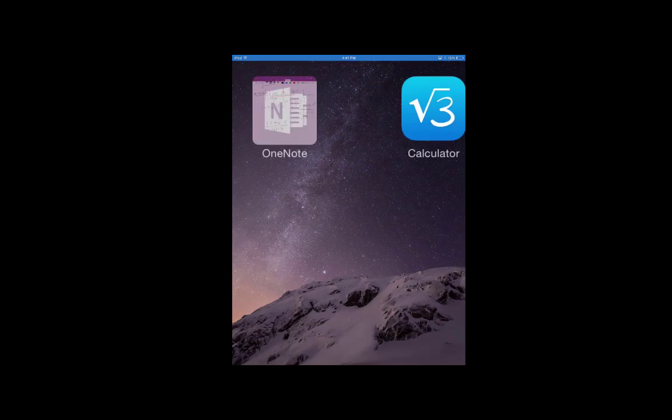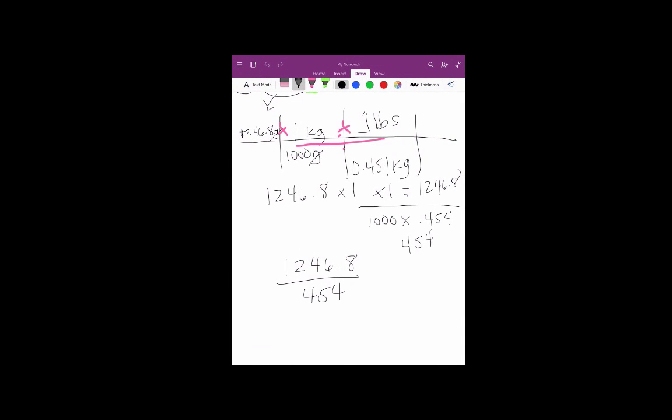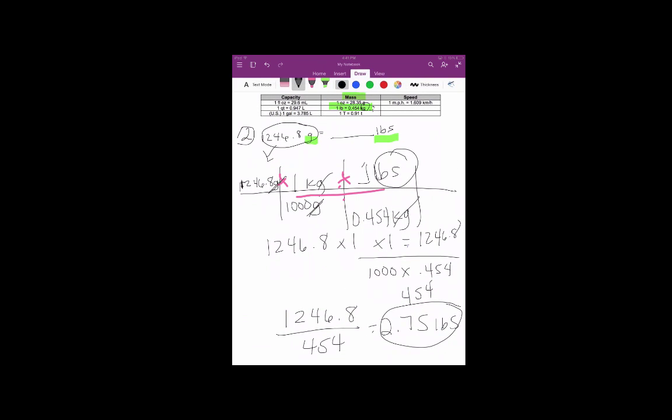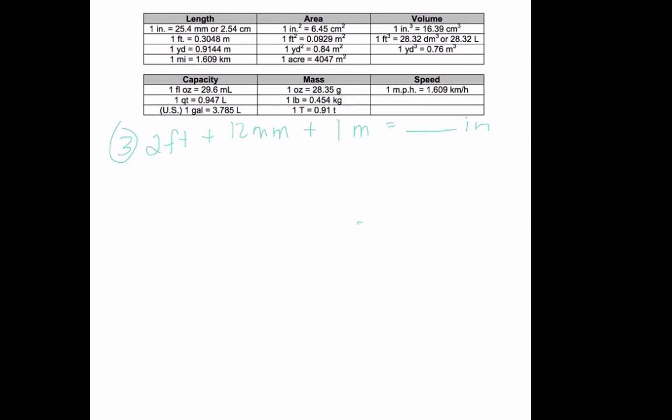We'll round to the nearest hundredth today. Looking back for our units, our grams, bam, bam, kilograms, bam, bam. We're left with pounds. 2.75 pounds. So all in all, what we have is 1,246.8 grams equals 2.75 pounds.